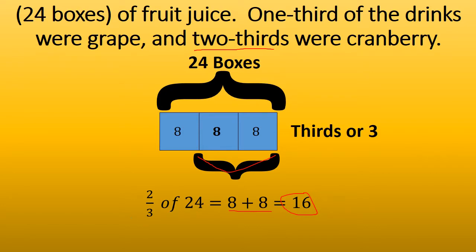The second part was 2/3 were cranberry. Now that we figured out that each unit was 8, we know that 2/3 was cranberry. So these two right here, using either repeated addition or multiplication, 2 times 8, we'd come up with the answer that 16 were cranberry.